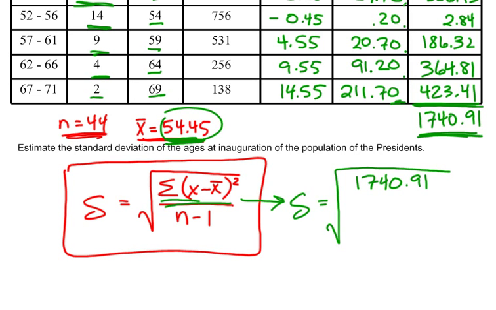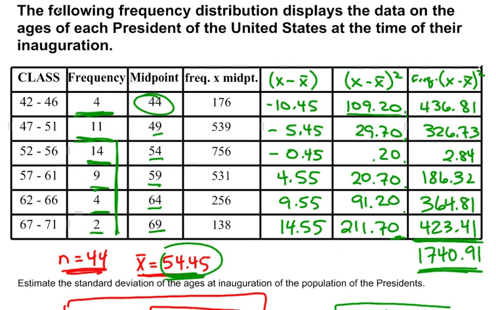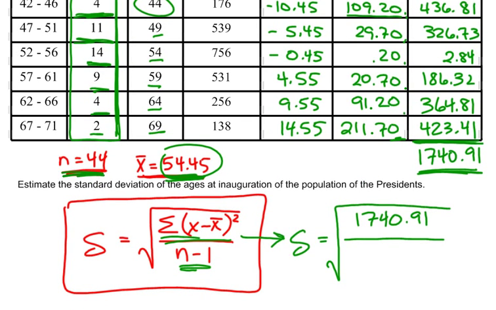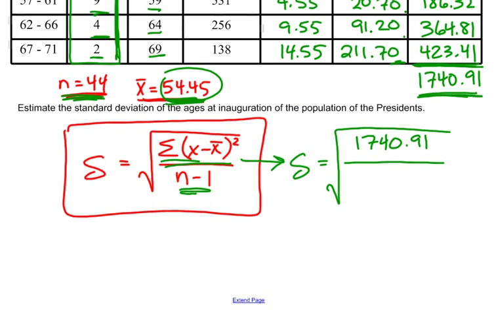So we're going to take that 1740.91, we're going to divide it by n minus 1, and again we get n from the sum of the frequencies. All of these frequencies in this list added up here are going to give us an n of 44. So we'll apply that in, and we'll say 44 minus 1 would give us 43.